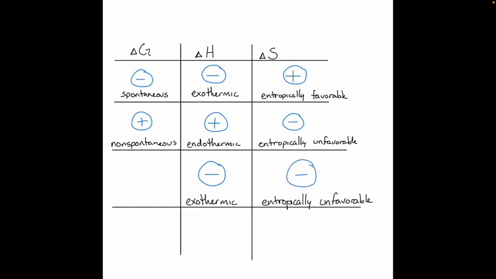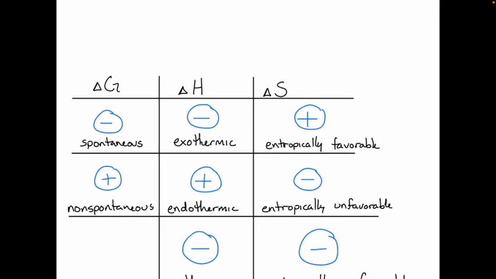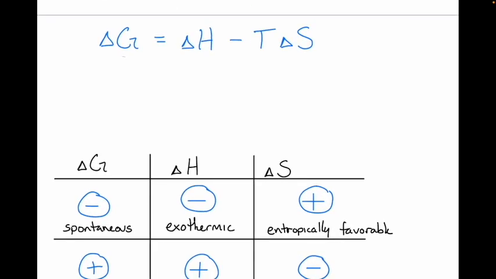So it has a negative entropy value. If we look at our equation here, this is a negative. Minus T, negative. So that negative T times that negative value makes it positive.